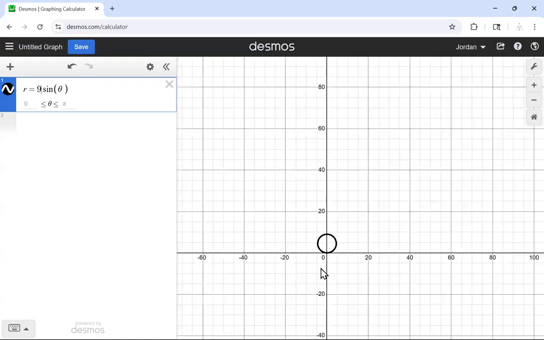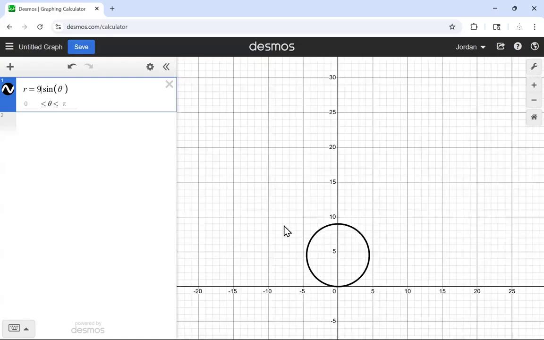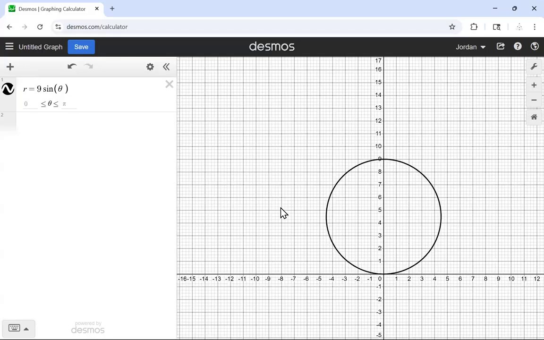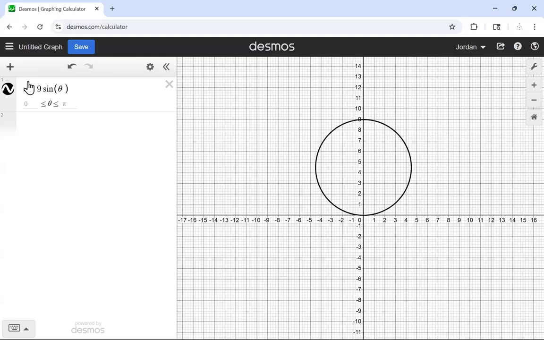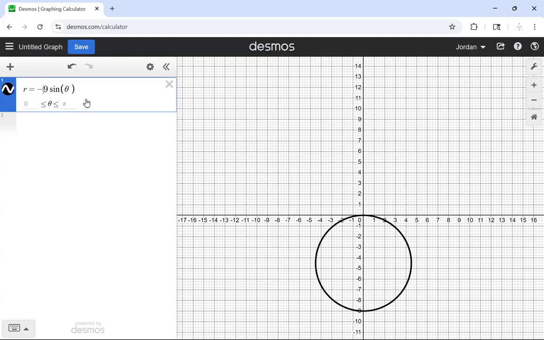The equation that we were asked to graph is this one, r equals 9 times sine theta. If you use a negative number out front, just like the previous case with cosine, it flips over an axis, but this time it flips over the x-axis.